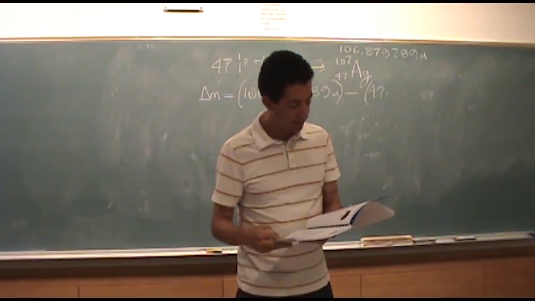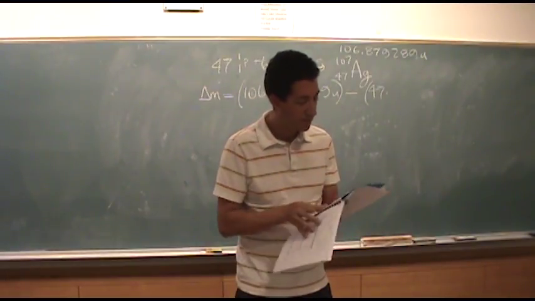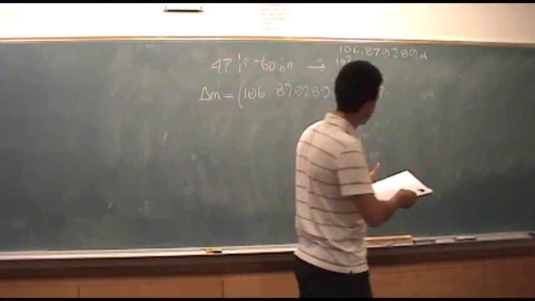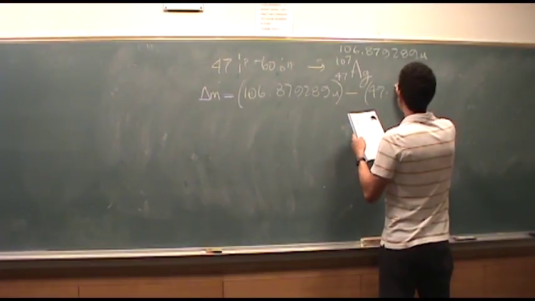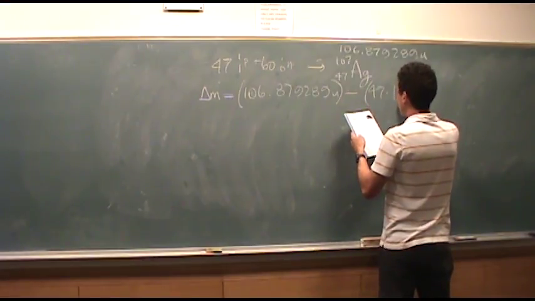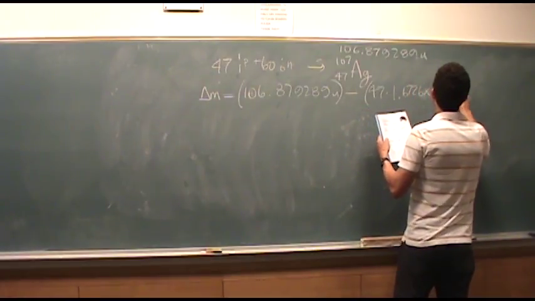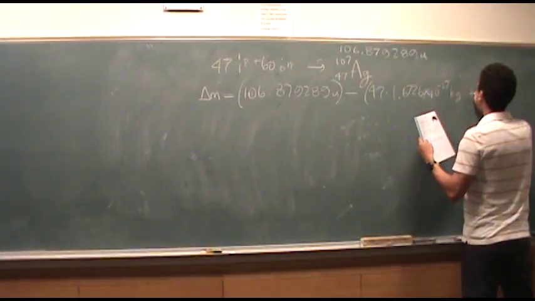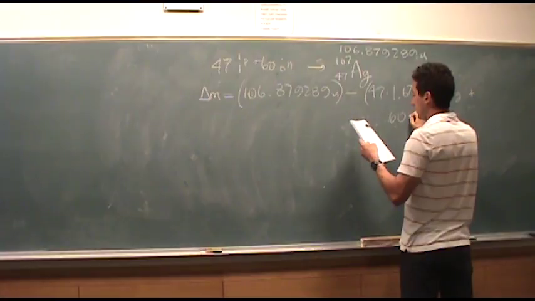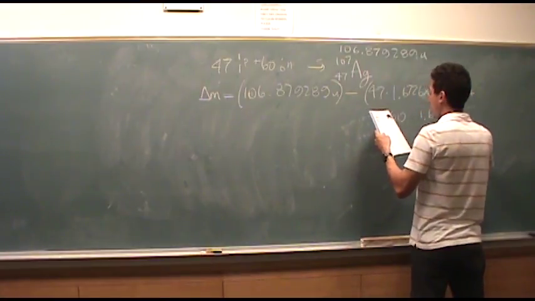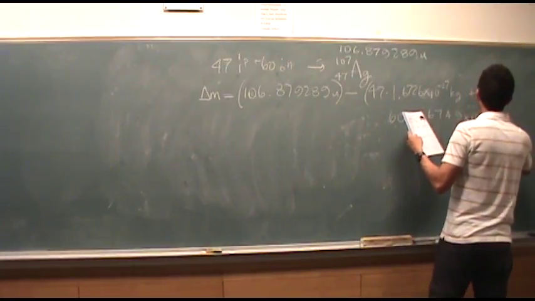Unfortunately, the proton mass is given in kilograms: 1.6726 times 10 to the minus 27 kilograms, plus 60 times the neutron mass, 1.6749 times 10 to the minus 27 kilograms.